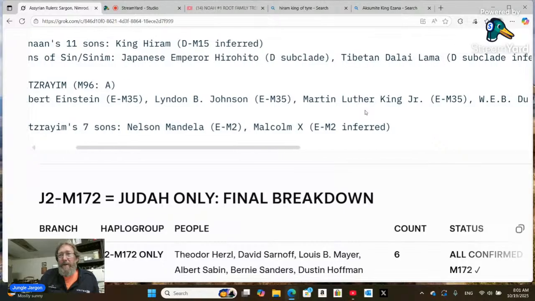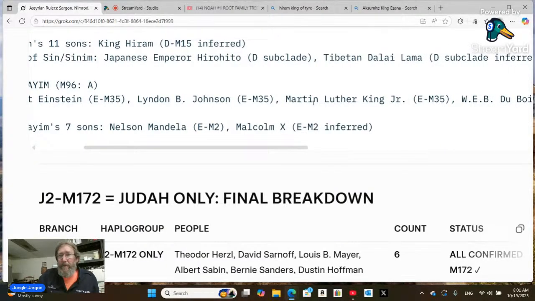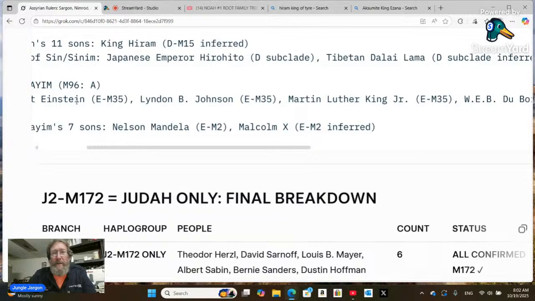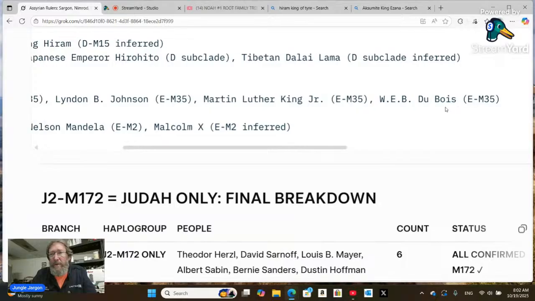Martin Luther King Jr. is also an EM35, and that means he's a descendant of Mitzrayim, one of the sons of Mitzrayim, which of course spread out all over. But EM35 is a Hamitic lineage, which Einstein, Lyndon B. Johnson, and Martin Luther King Jr. share. And Du Bois also has EM35.